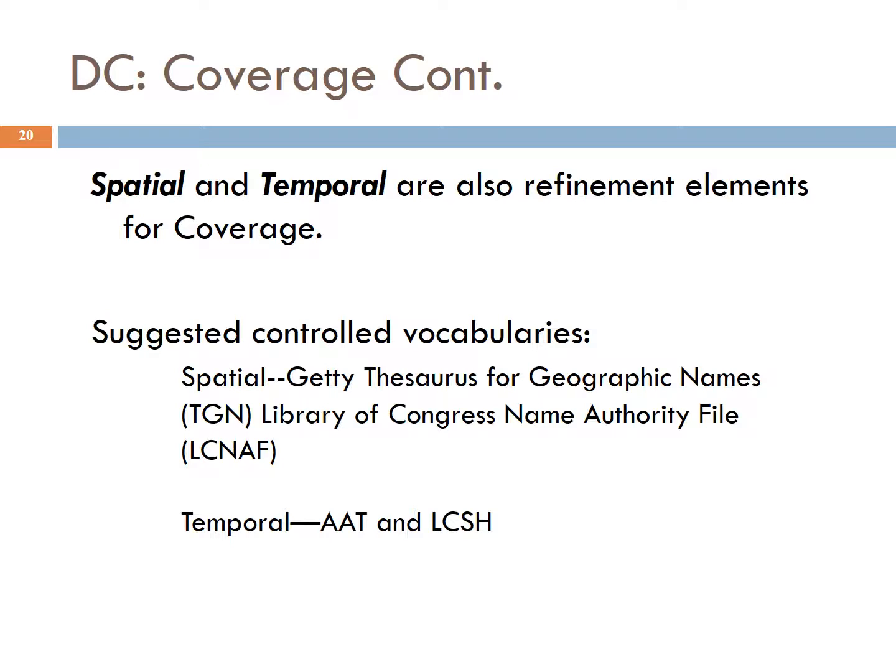Then there is also the Library of Congress Name Authority file. These would be resources that you would want to consult if you're entering spatial information. If we're talking about temporal or time, then you would want to look at the AAT, Art and Architecture Thesaurus, as well as Library of Congress subject headings.